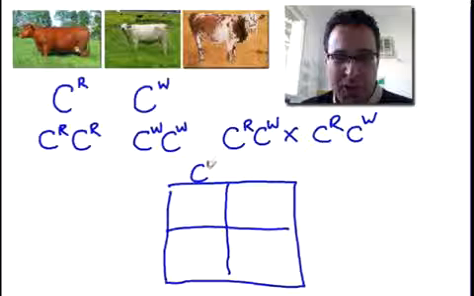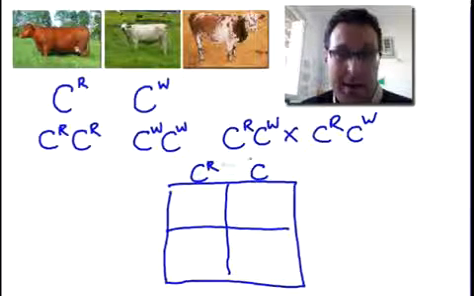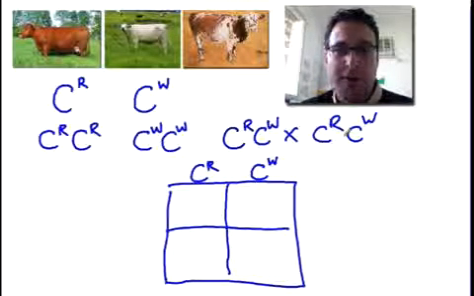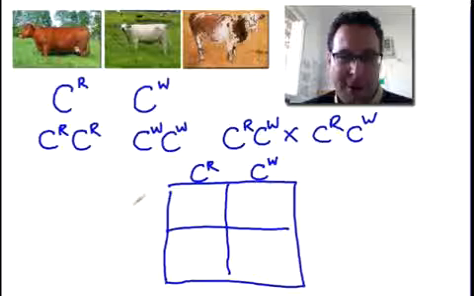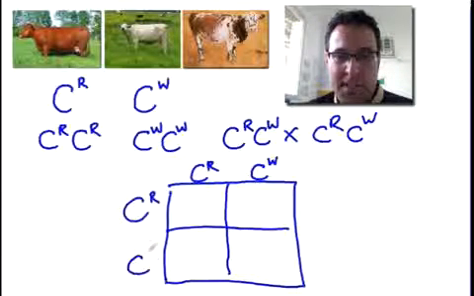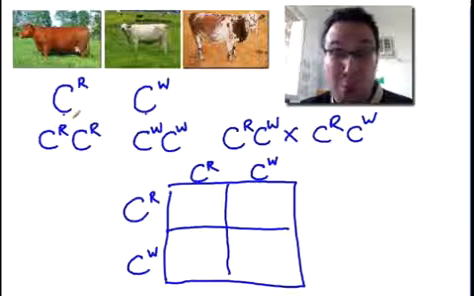Half of its sperm will have a big C with a superscript R, half will have a big C with a superscript W. Same with this cow, half of her eggs will have a big C with a superscript R, half will have a big C with a superscript W. Remember, this is important, it's the C that's the allele, not the R. The R is just a superscript to tell this C apart from that C.